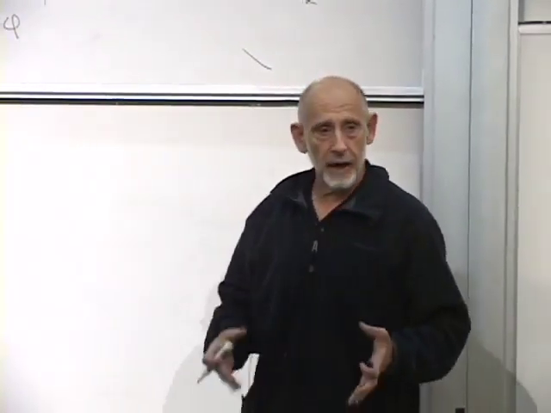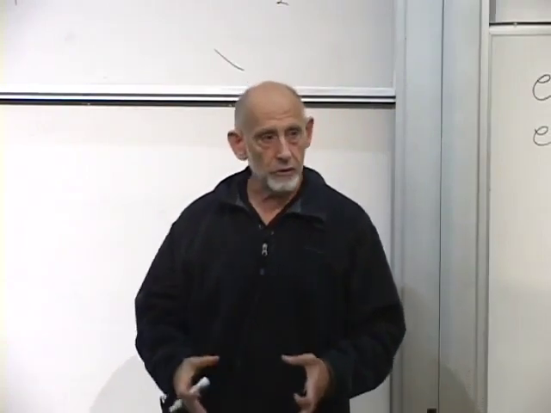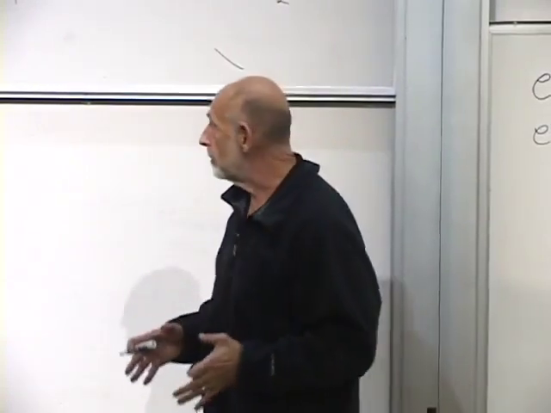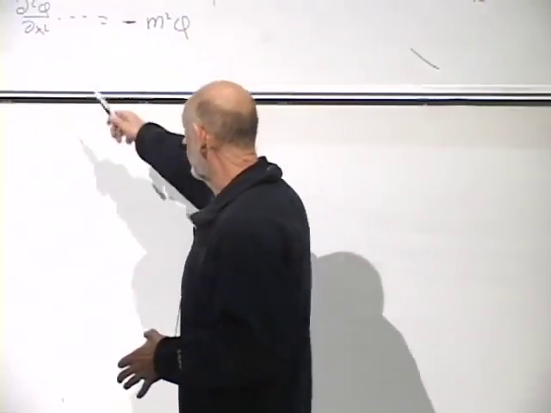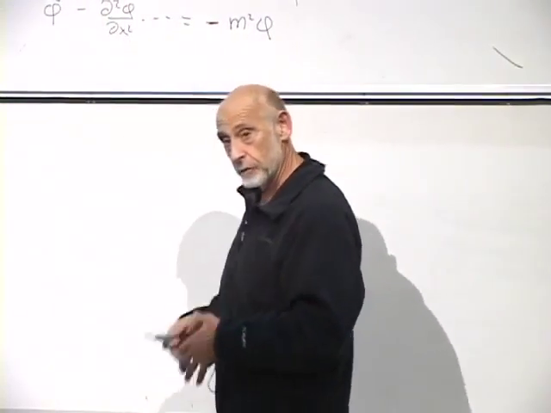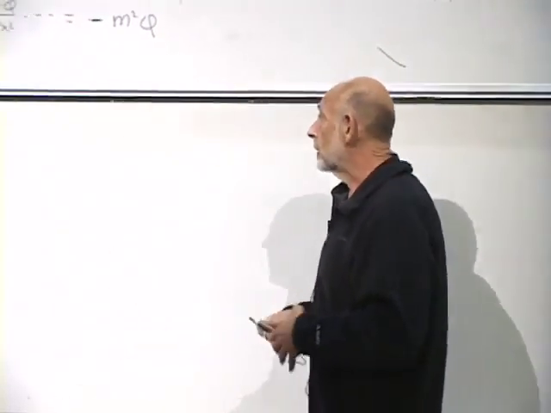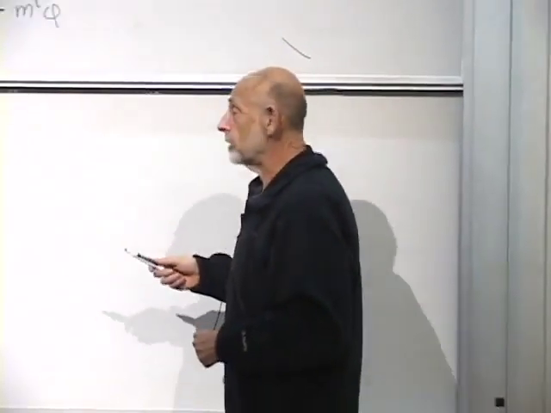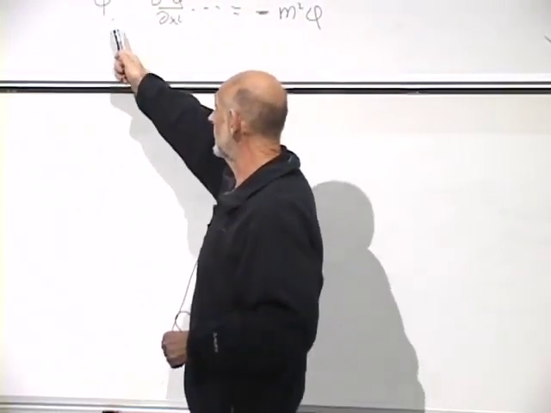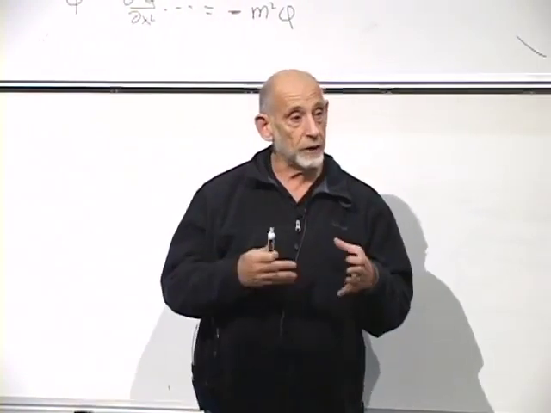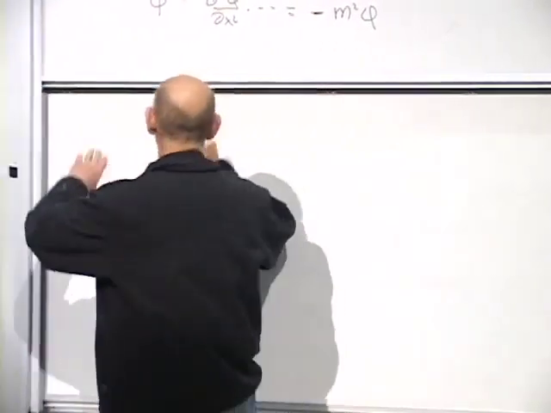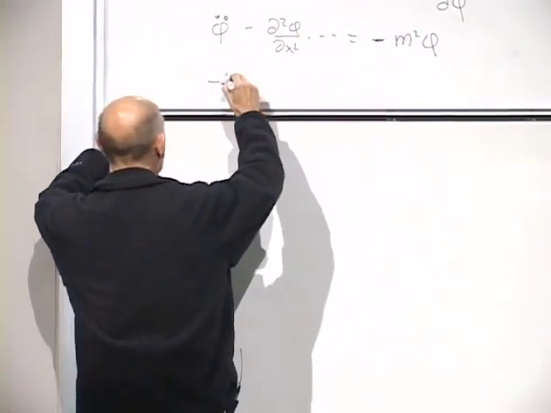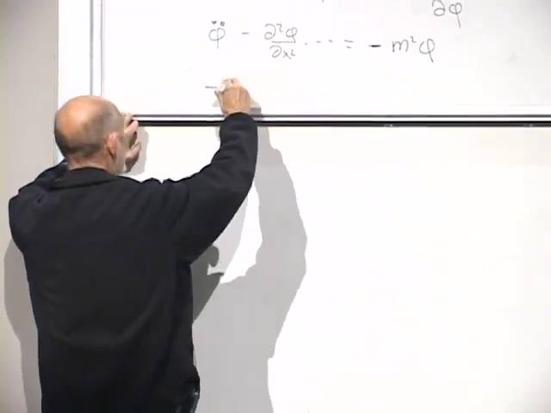Okay. What does it say about the relationship between the energy and momentum of a quantum of the field phi? Let's move on to quantum mechanics now. In quantum field theory, the energy is related to the frequency. Differentiating twice always gives us a factor of minus omega squared.